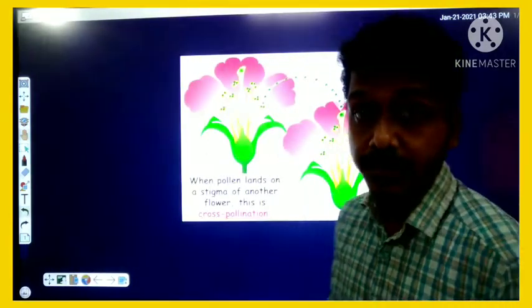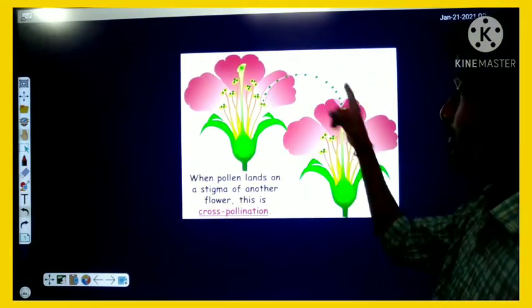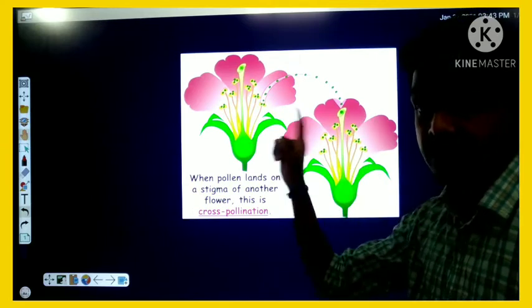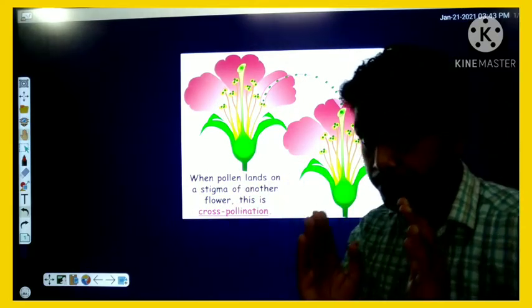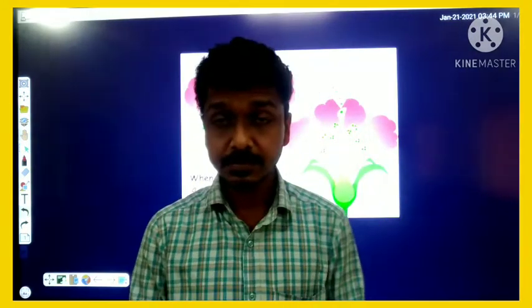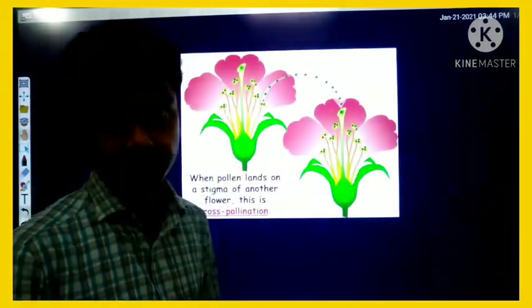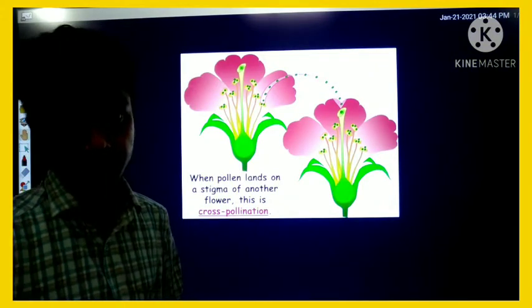Transferring of pollen grain from anther to stigma of different flowers of the same plant or different plant is called cross pollination.